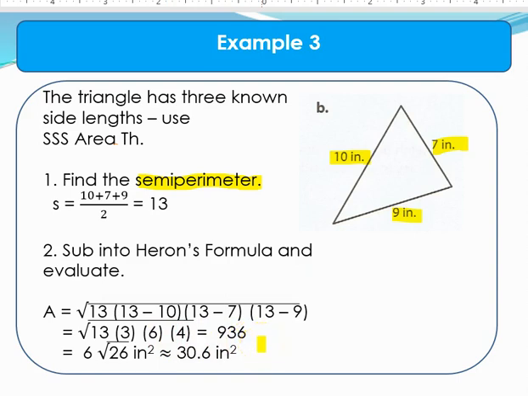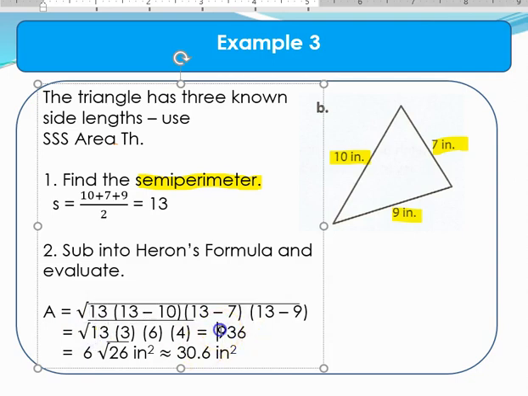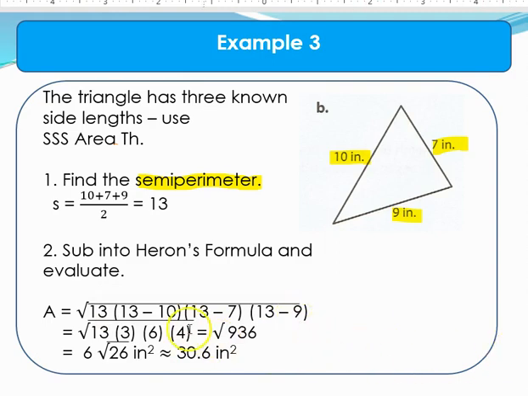And I should actually have here the symbol square root of 936. Sorry about that. And square root of 936 equals 6 square root of 26 inches squared, which is about 30.6 inches squared.